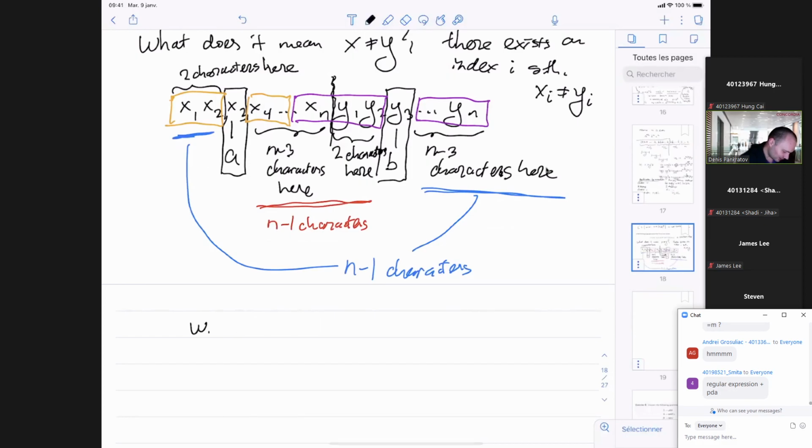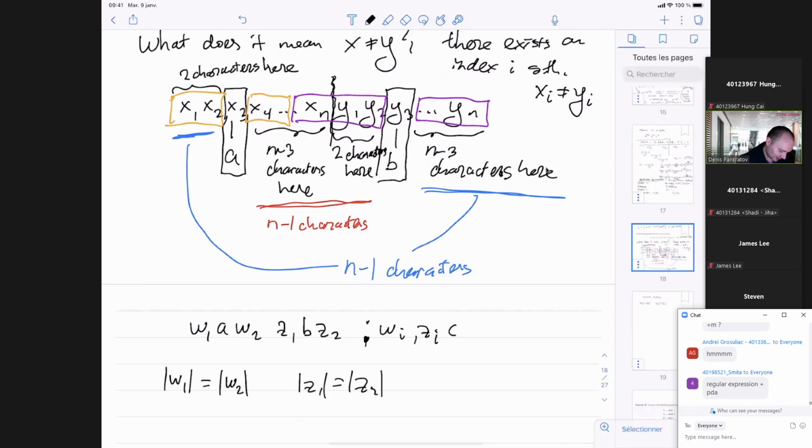So we have W1, A, W2, Z1, B, Z2, where length of W1 is equal to length of W2, and length of Z1 is equal to length of Z2. So we have Wi, Zi belong to {A,B} star.